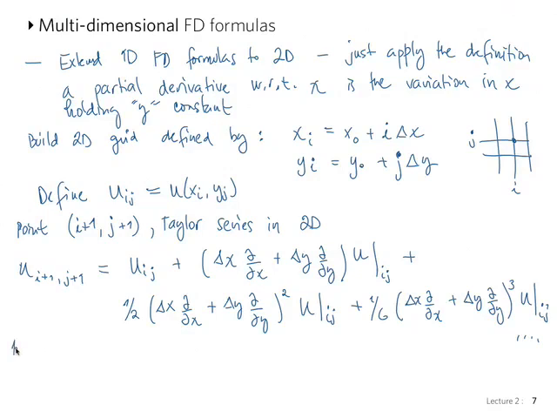So for example, the first order FD in the x direction is going to be du dx at ij. It's going to be u at, so we vary only i because it's a function of x, so let's vary only i in its first order.